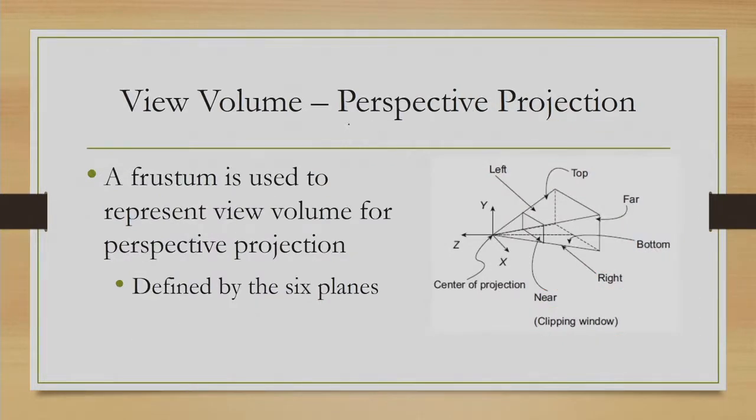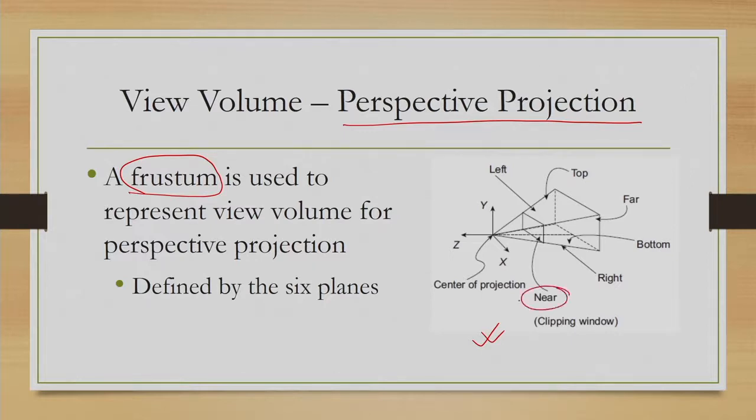What happens in case of perspective projection? So, in case of perspective projection, what we use is a frustum, as shown in this figure. Like the parallel projection, here also the frustum is defined in terms of its bounding planes.